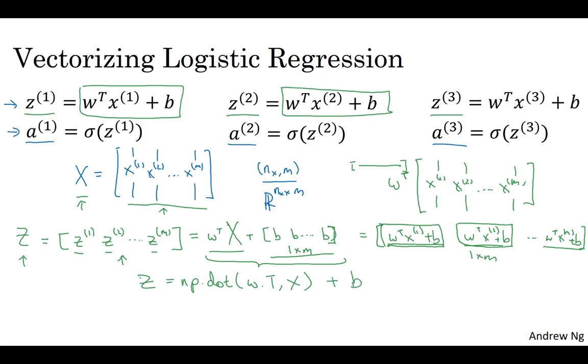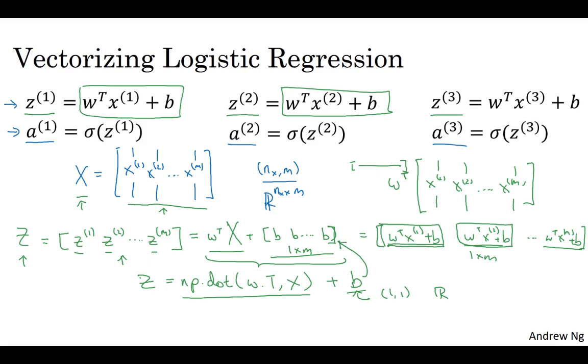Now, there is a subtlety in Python, which is that here, b is a real number, or if you want, a 1-by-1 matrix, so it's just a normal real number. But when you add this vector to this real number, Python automatically takes this real number b and expands it out to this 1 by m row vector.